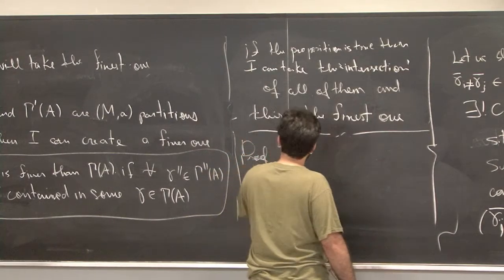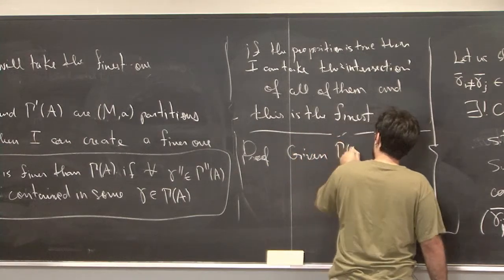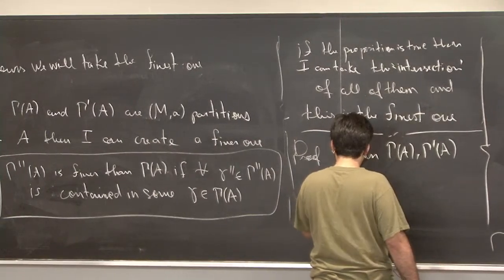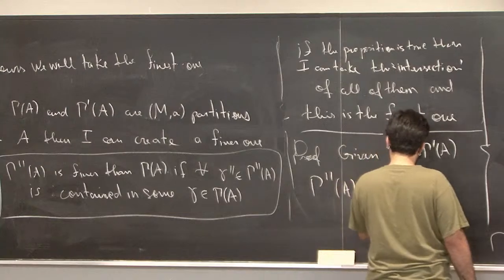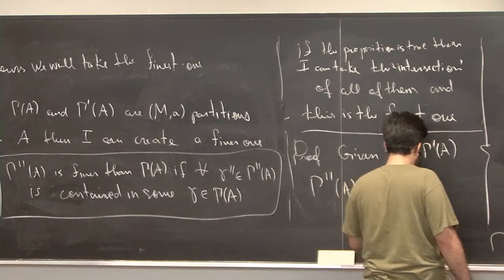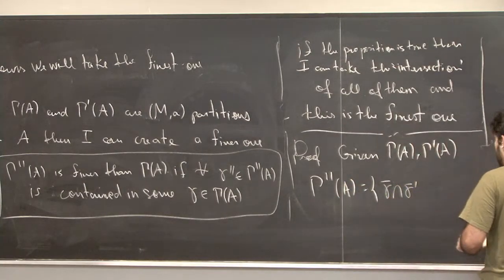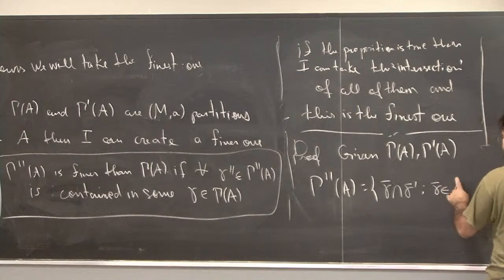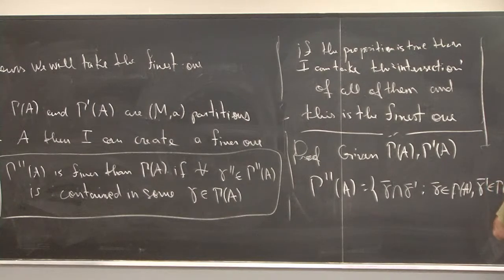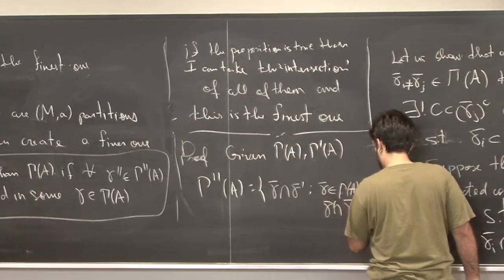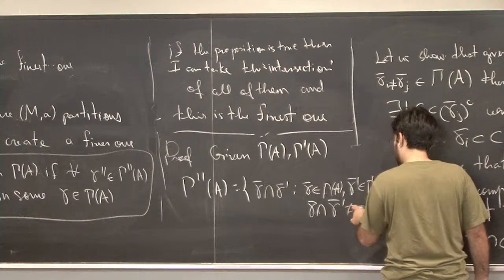So the proof is the following. Given gamma A and gamma prime A, I can define gamma double prime A as being the collection of all gamma intersect gamma prime, the intersections between elements, where gamma is inside gamma A, the gamma prime is inside gamma prime A, and the intersection is not empty.